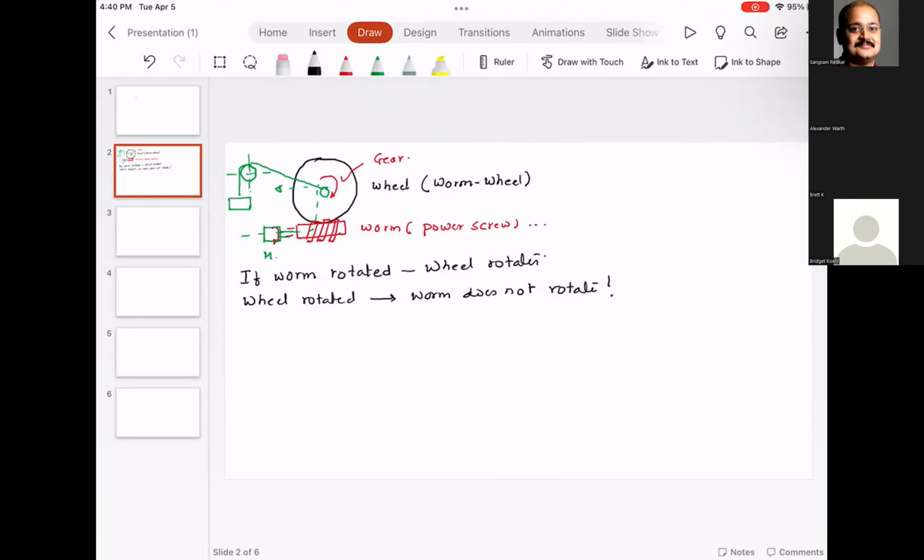So worm design is similar to power screw design. If you were to look at a zoomed view of the worm, you will notice it would look something like this.